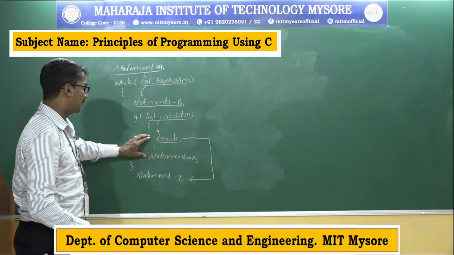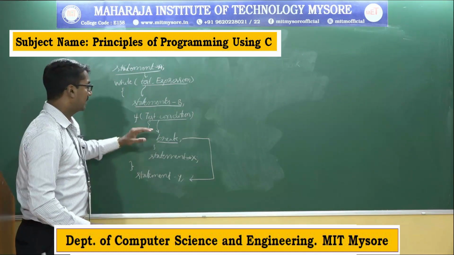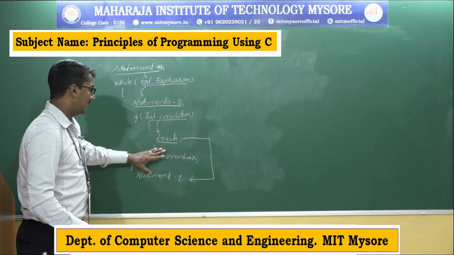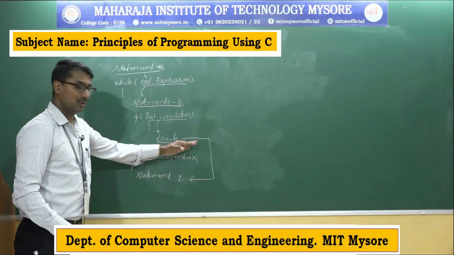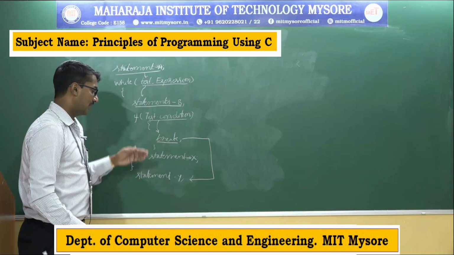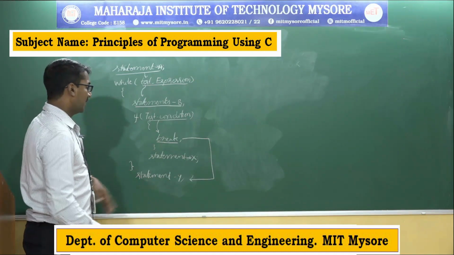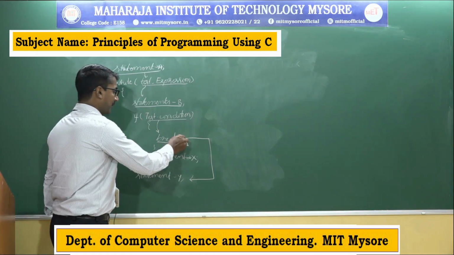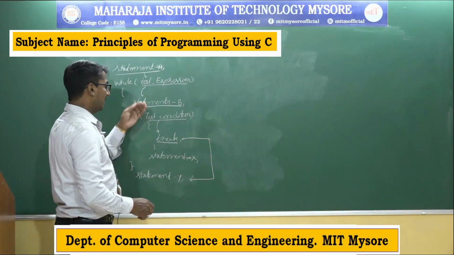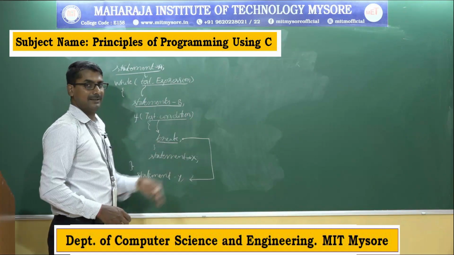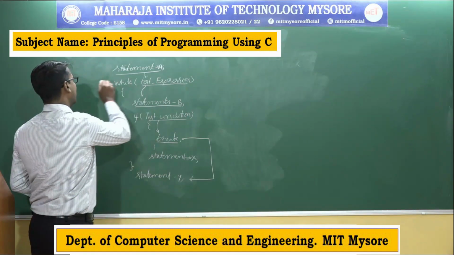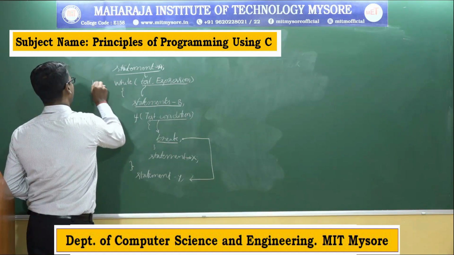So here it will skip the remaining statements, and it transfers the control to the outside of the loop. Outside of the loop is statement Y. Here it will skip from the loop, so the remaining loop will not execute. Assume this loop is set for 100 times.